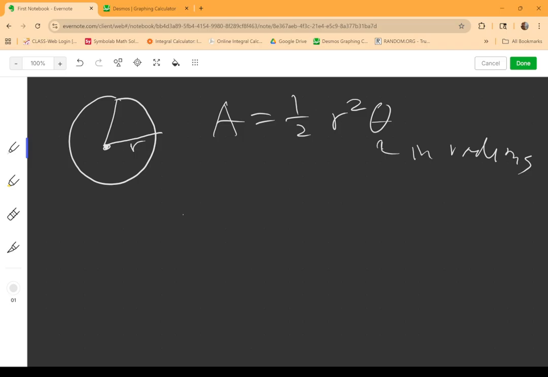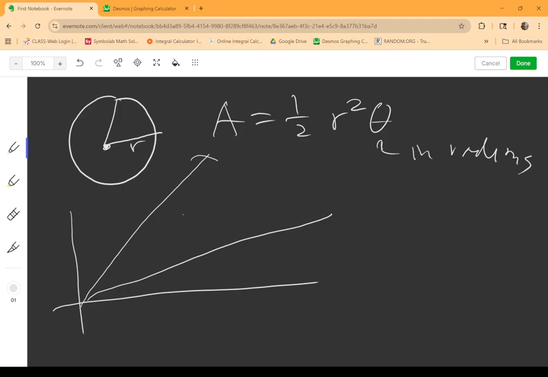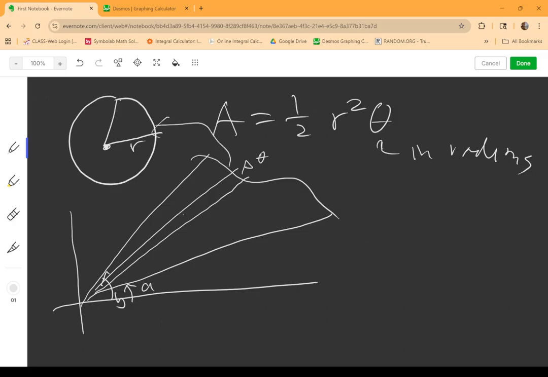All right. Now, how does this transfer to our polar graph? Let's say we just had a general polar region, looks something like that, where this angle is A, this angle is B. The idea is similar to how, when we had Riemann sums, we broke it up into smaller regions. Here we look at a region small enough, with a change delta theta, that it looks like a sector in a circle.